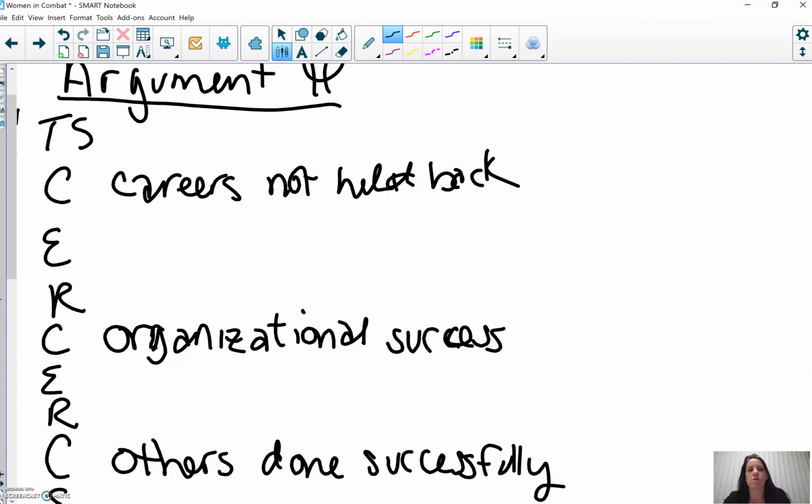I may want to write that out right now in a sentence, just so I have my first sentence of my paragraph pretty much done, or I can just say it's going to be beneficial or advantageous or some other word along those lines. If you think that it's not beneficial, then you're going to say something along those lines. That's what your topic sentence is. You're making your argument. Your main stance, your main argument for this essay, we've decided, is that the military should allow women into combat roles. So we are going to state that in our topic sentence, that this is a benefit to the military.